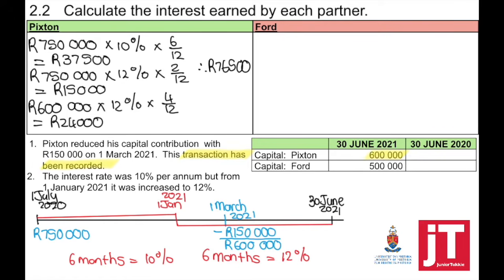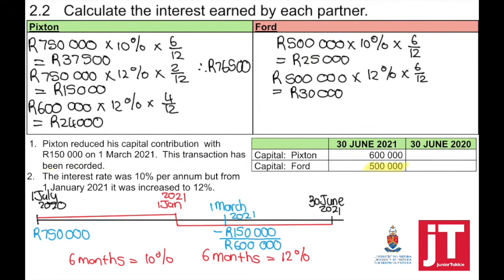76,500. Again, interest was increased on the 1st of January from 10% to 12%. He reduced his capital on the 1st of March 2021. So be careful when you look at Pixton calculating the interest. If we look at Ford, his capital balance stayed exactly the same.